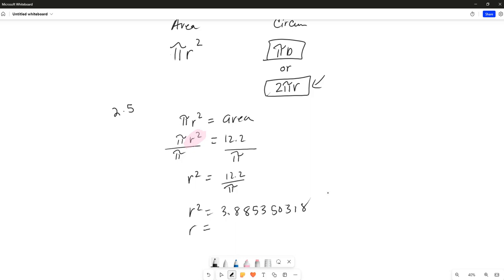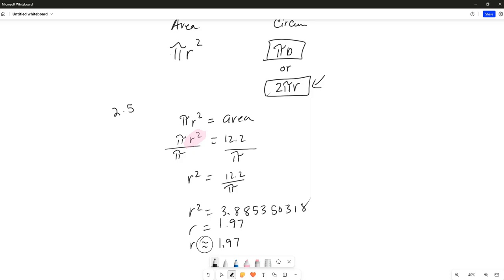So r will equal 1.97 if we're rounding it to 2 places. So the radius, and you'll notice the squiggly line in your book, that just means approximately 1.97. Okay. So that's approximately what the radius is.